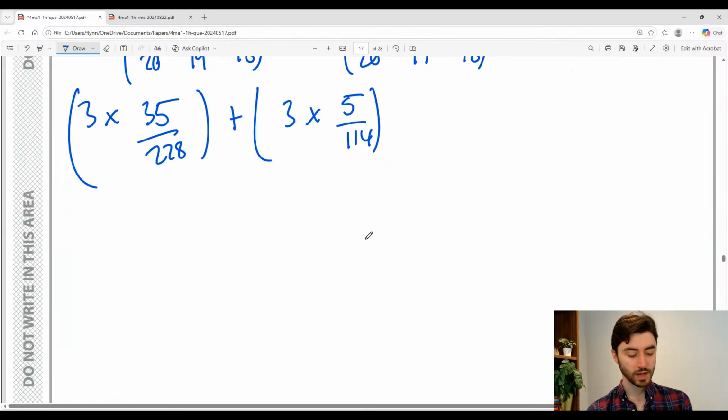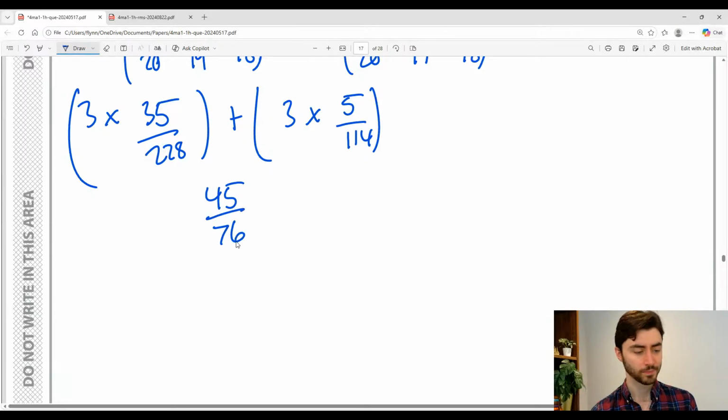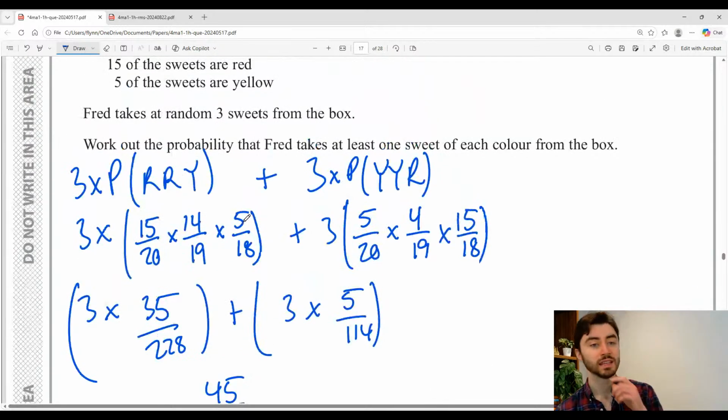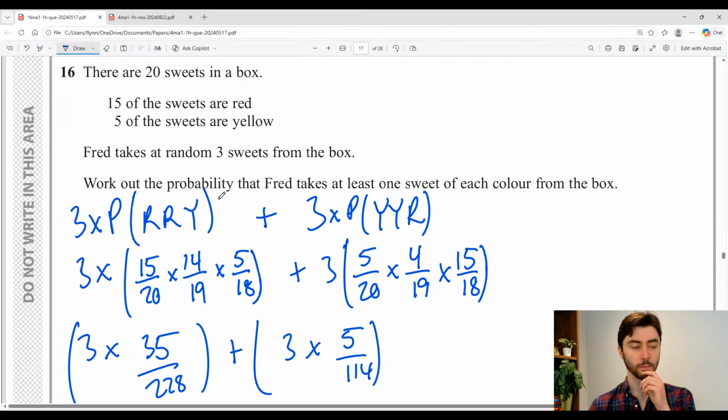So 3 times 35 over 228 plus 3 times 5 over 114 gets me a probability of 45 over 76. Now, that was a bit complicated, but there was an easier way of doing it, which is harder to spot conceptually, though.